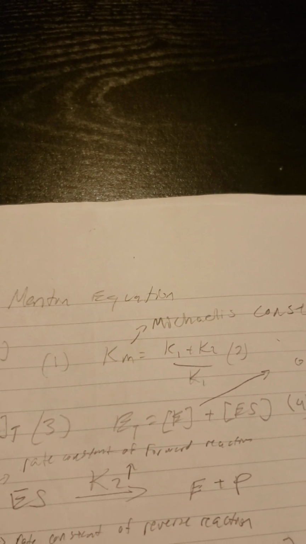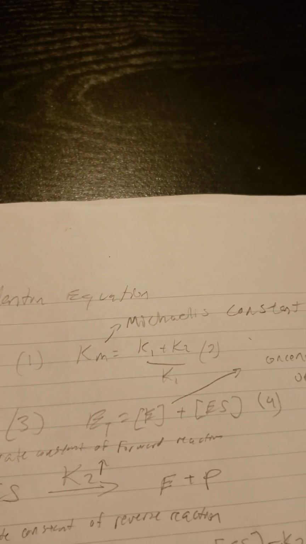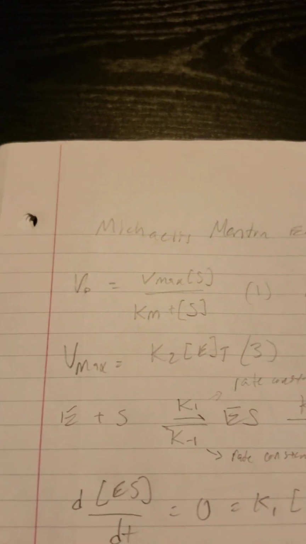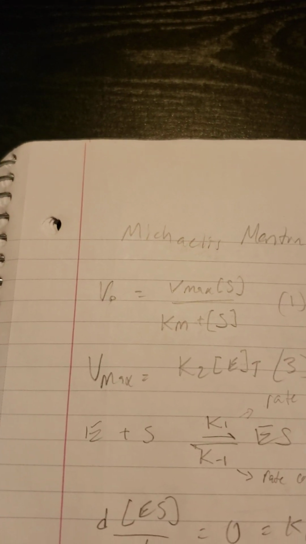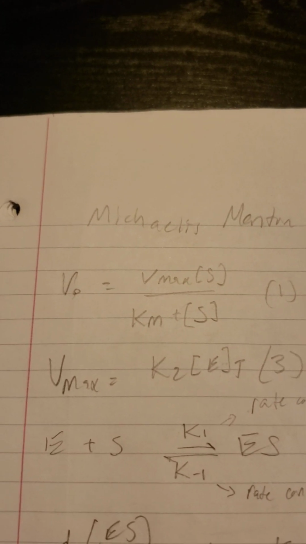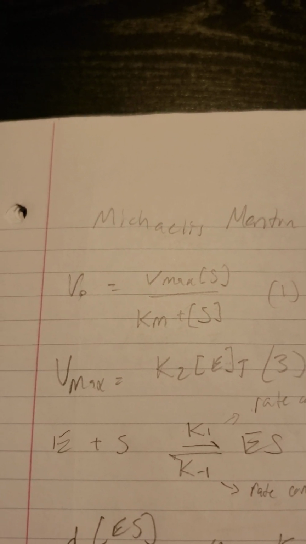And then you have the total concentration of the enzyme equals the concentration of the enzyme plus the concentration of enzyme and substrate, as seen with the E in the bracket. That stands for the concentration of enzymes. So our first equation is the enzyme combined with the substrate. You see there is a double arrow, one going forward, one going back.